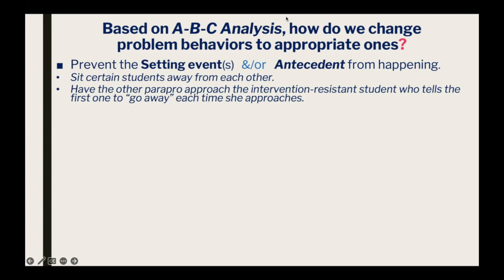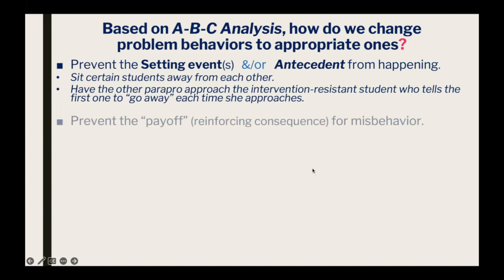If a student really doesn't enjoy the assistance from one of the paraprofessionals, well, we can prevent the approach of that paraprofessional from setting off a tantruming behavior by having another paraprofessional approach that student. Certainly, we want to help the student become more comfortable with the initial paraprofessional, but right now we just prevent the behavior by preventing the antecedent from happening.